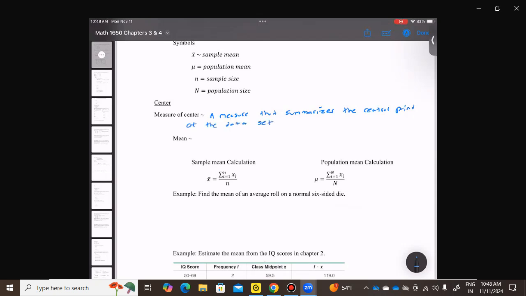Okay, we will look at 4 of them: mean, median, mode, and mid-range. First, the mean, and the mean is one of the most common ones. This is the average of all data values in the data set.